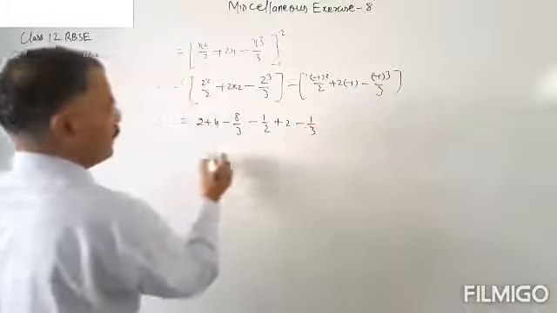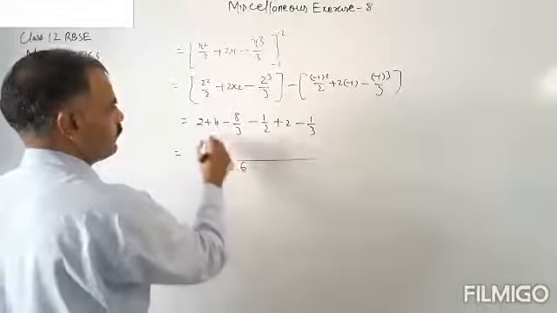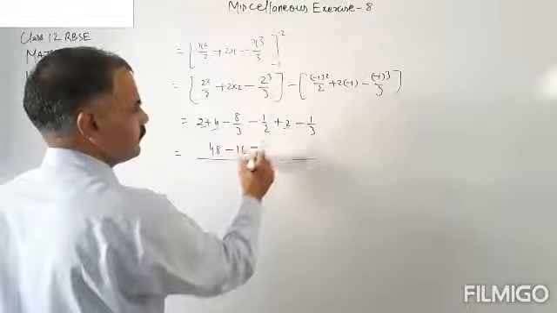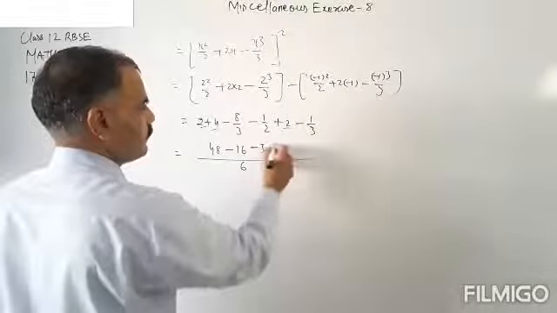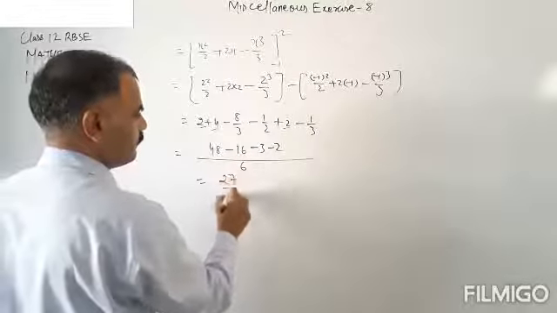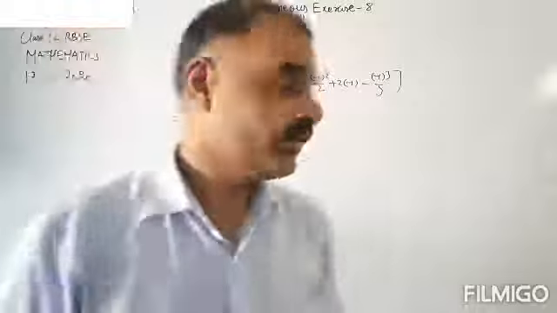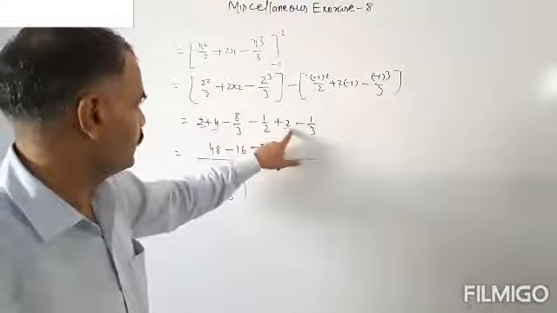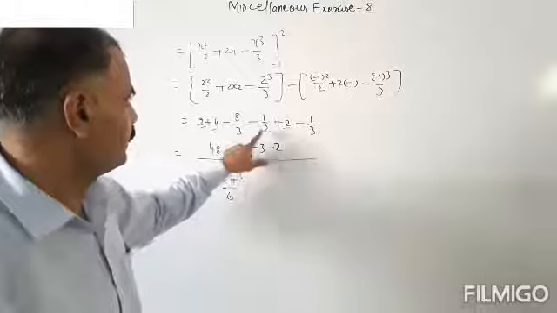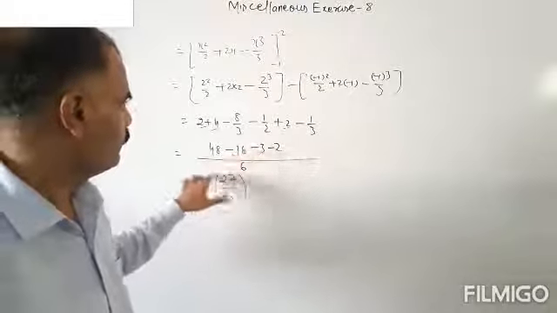Taking 6 as the LCM, 2 plus 4 is 6, 6 times 6 is 36, and the total becomes 48 minus 32 minus 3, that is 27 upon 6.